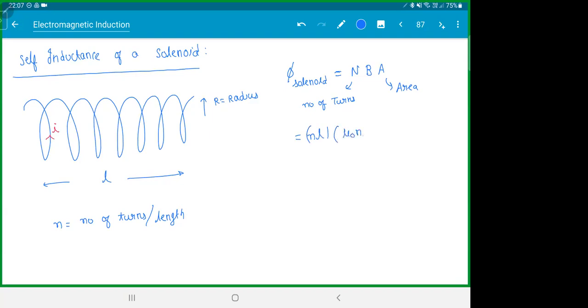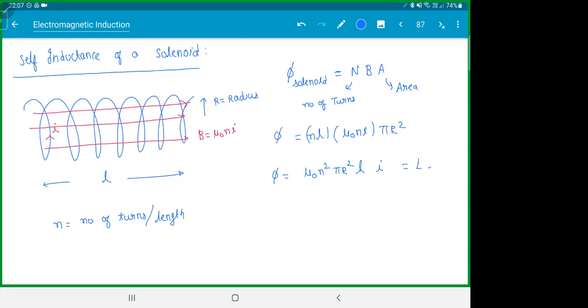Mu naught n I. What is the area? Pi r square. I hope you remember the solenoid result. The magnetic field B is given by mu naught n I, where small n is the number of turns per unit length. So we get flux is equal to mu naught n square pi r square l into I.